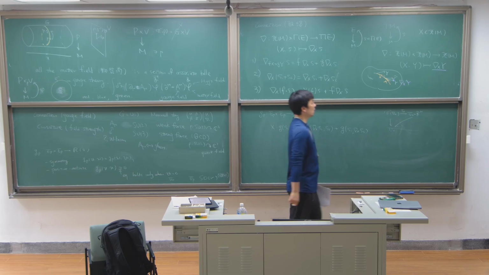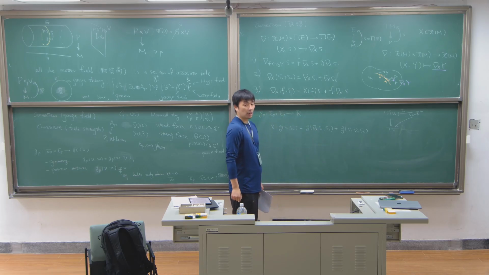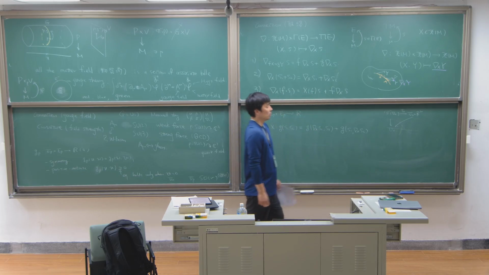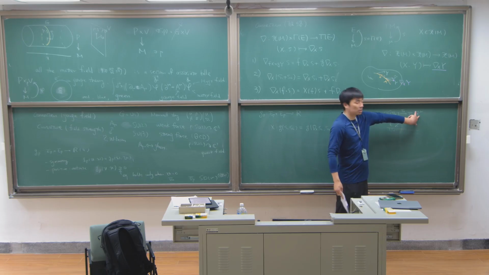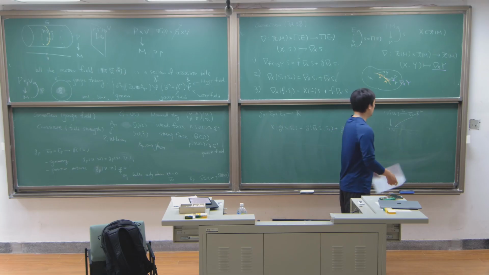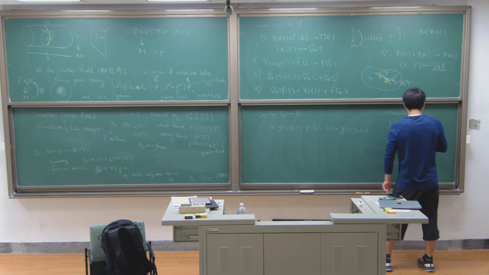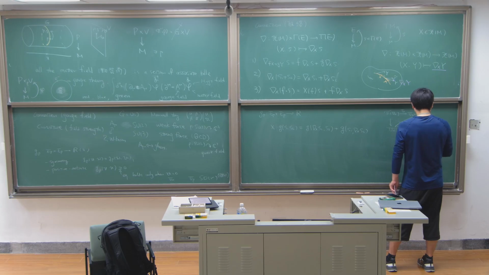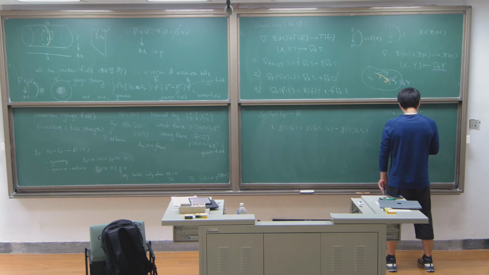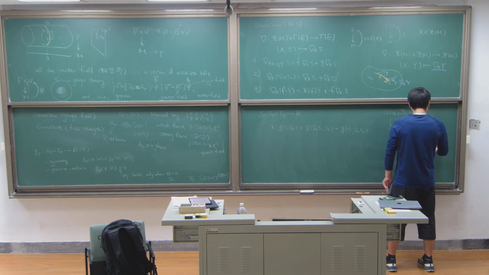Okay. Locally, you have a trivialization in the vector bundle. So locally, you can introduce some basis in R^r on the fiber. And then the sections S_1 through S_r are the basis of sections.